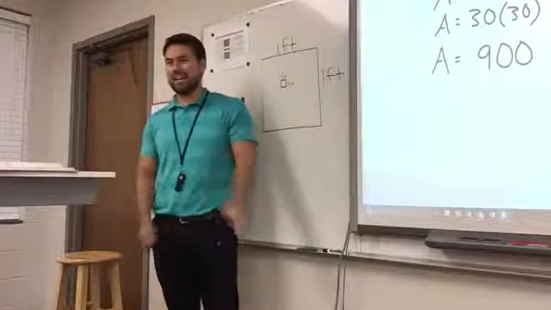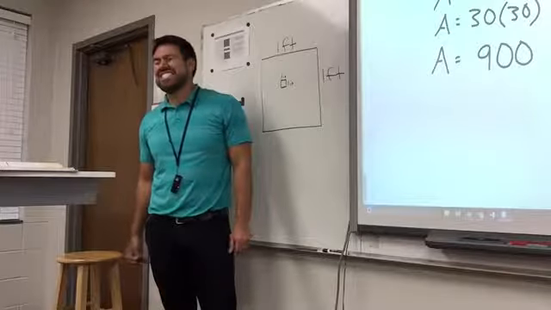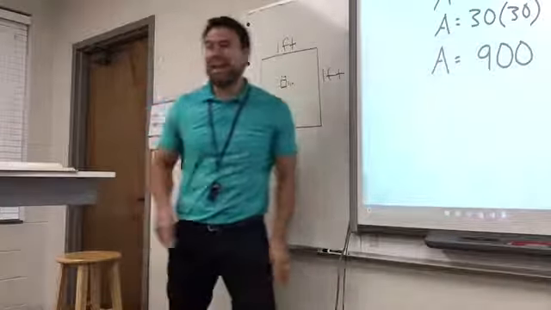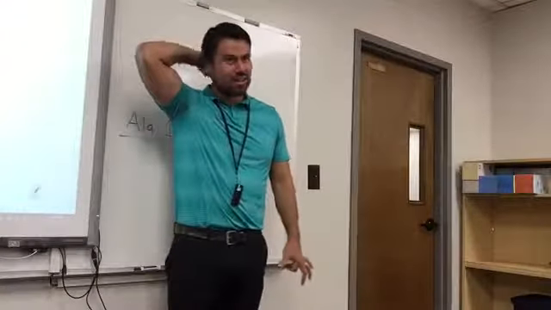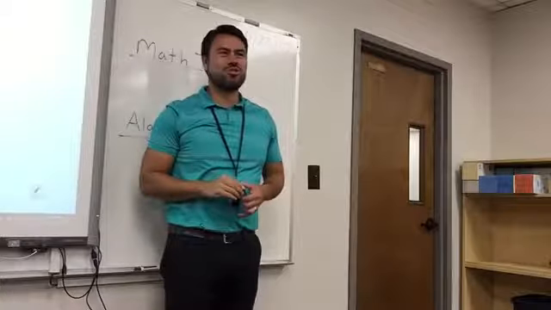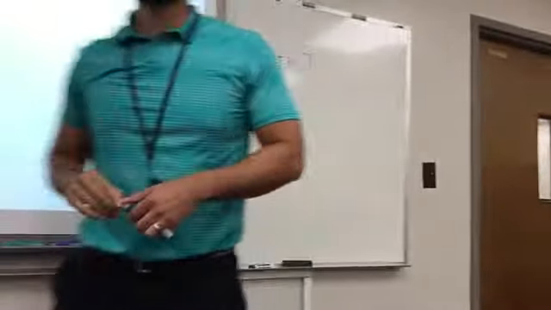Okay, how many of you got 900? I got 900 meters. I need someone to give me the correct answer, and they got to be sure of it. Don't give me an incomplete answer. All right, here.